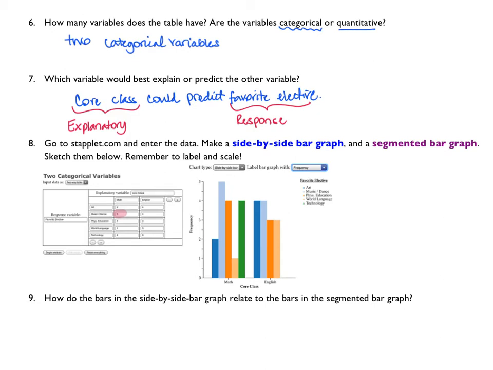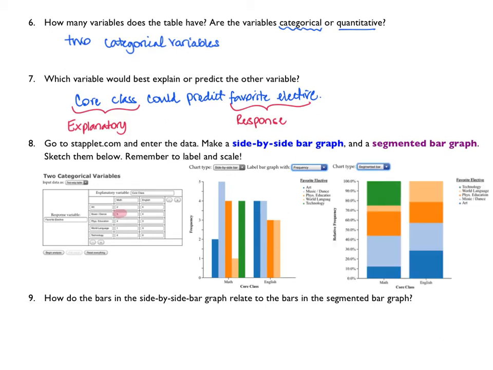So let's take a look at the segmented bar graph now. In the segmented bar graph, we have again got the labels, scales. This time it's relative frequency, not frequency, and we've got the key for the different colors and what they represent. Again, we have a cluster of values for math and we have a cluster of values for English, but this time we've basically got what amounts to the same information that we would have if we had two circle graphs that were side by side.